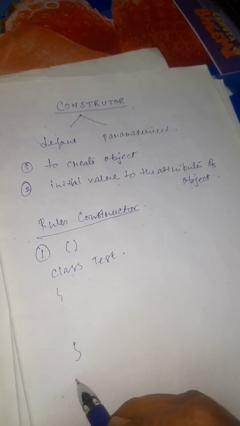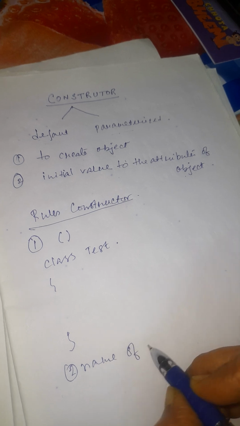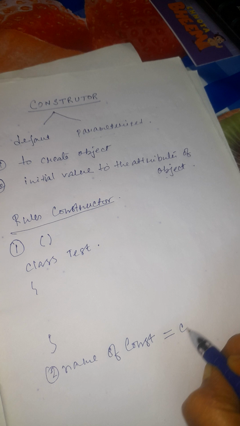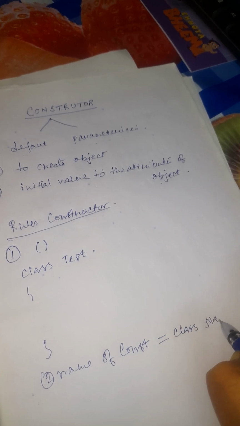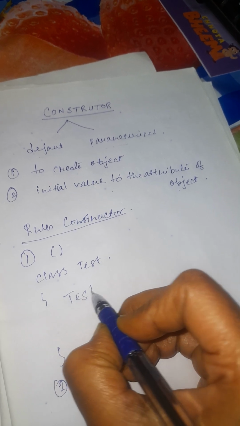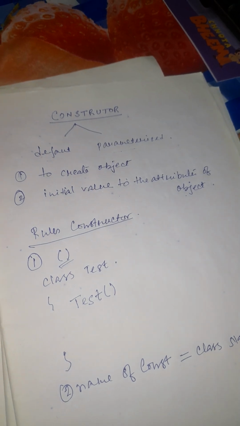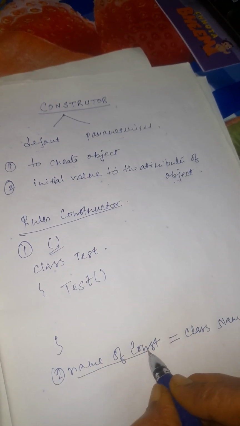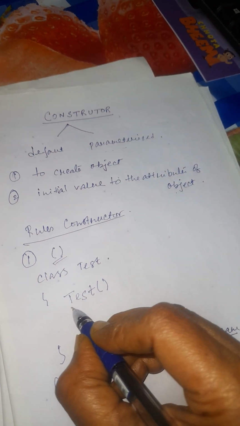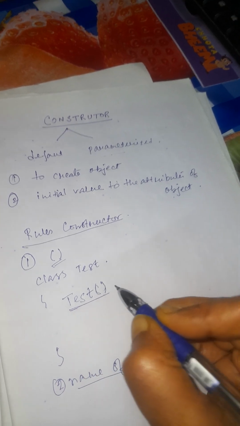So the name of the constructor always will be same as the class name. So if my class is test, so my constructor also will be the same as the class, as this one is a method. So we have to put the method symbol. Clear? So name of the constructor is same of the class name, and as the constructor is a method, that's why we have to put this function symbol.